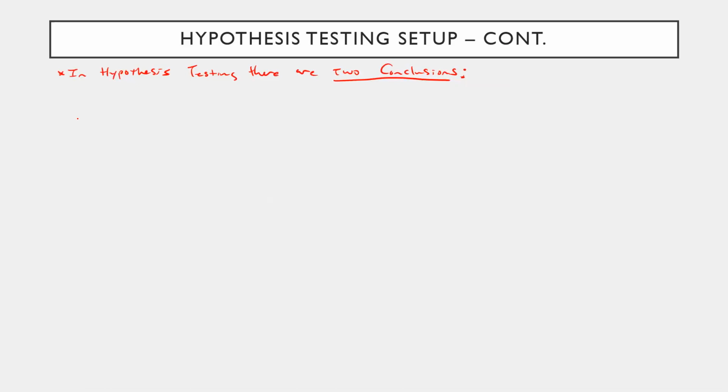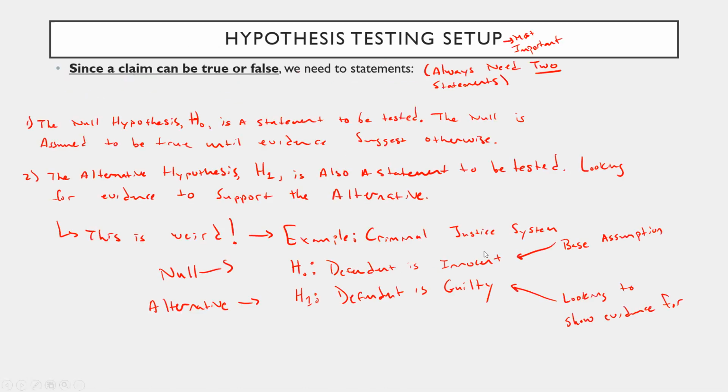The first one is we can reject the null. When you reject the null hypothesis, going back here, we're rejecting this. We're saying, no way, this is not true.